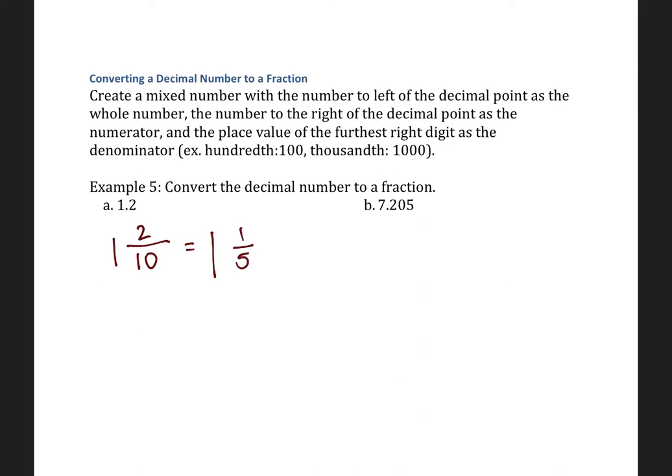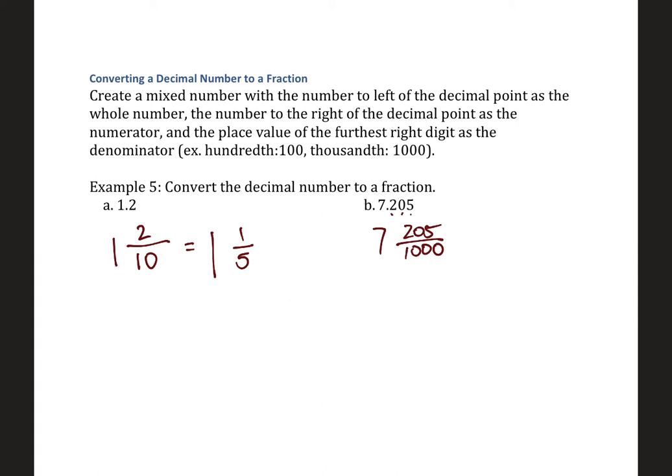For this one on the right, we have the whole number, 7. And then we have 205. The number on the right is the numerator. Let's see, it's tens, hundreds, tenths, hundredths, thousandths. Another hint is that however many decimal places there are, that's how many zeros there are. So there's 3 decimal places. I have 3 zeros for that, 1,000.